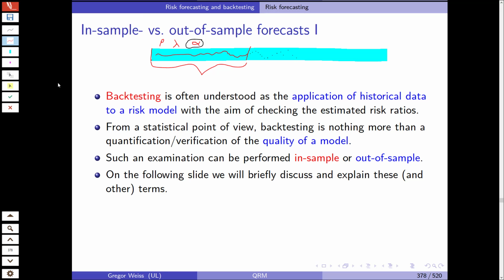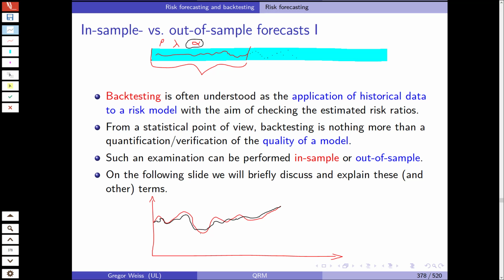Now, let's make another example for this. Let's assume we have this timeline, and this is the true data. Now we estimate a model, which looks like this.